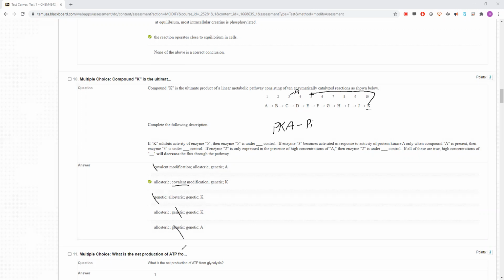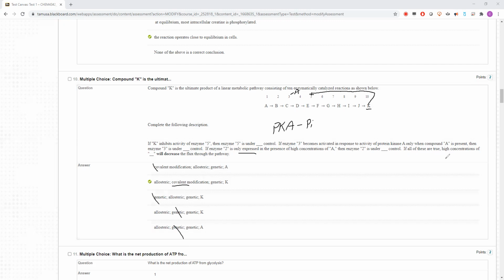Genetic, again, is if RNA levels are changing. So already we can figure out the answer, but let's continue. If enzyme 2 is only expressed in high concentrations of A, here we're talking about expression levels, so that's genetic.